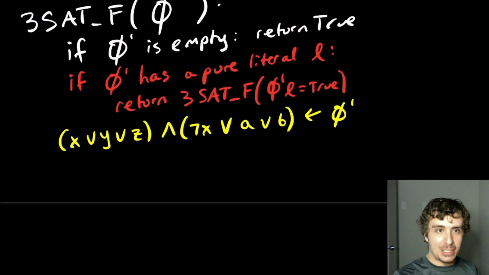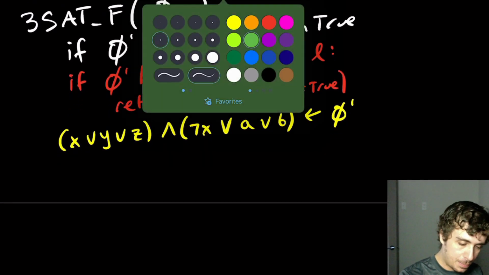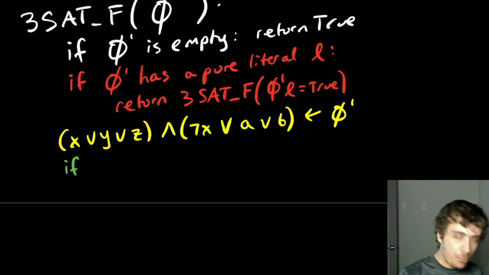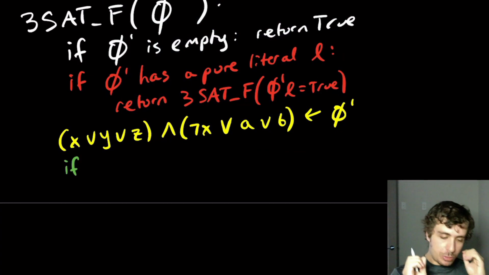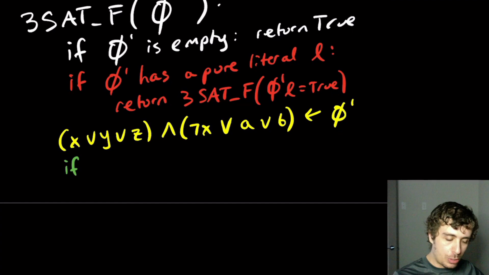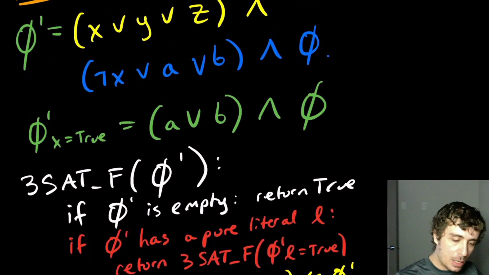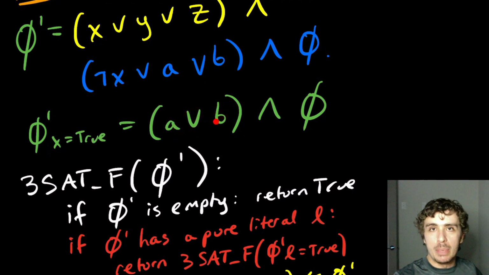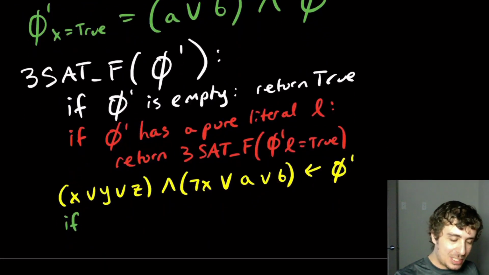So now let's try to work with this. If we look at the case where x is true, then if we look at this up here, we might as well set one of these two to be true, because in order for this clause to be satisfied, one of them has to be true anyway. So let's deal with that.